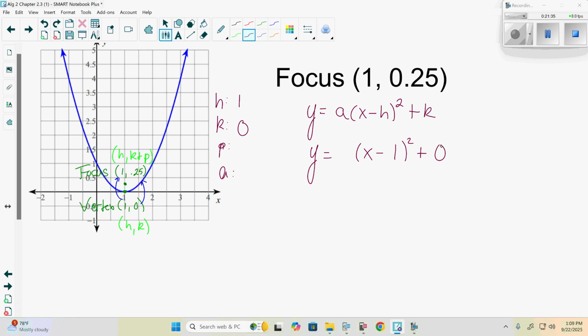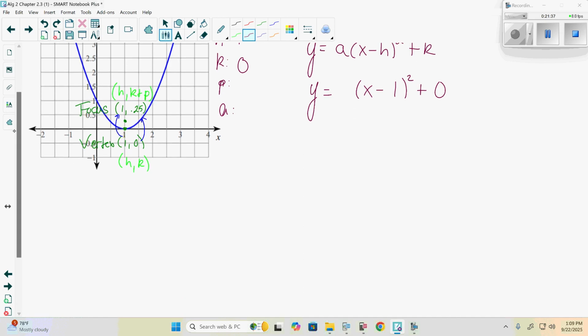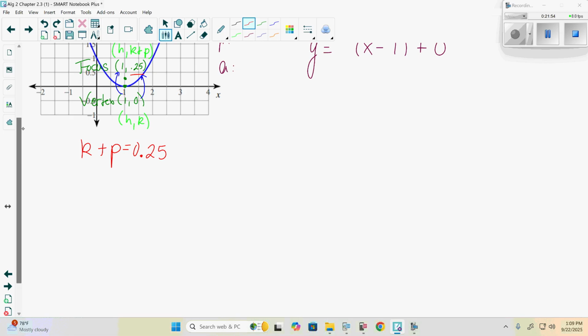Now to find P, P is interesting for this one, because we're saying that K plus P is equal to what? 0.25, yes? What's the value of K?